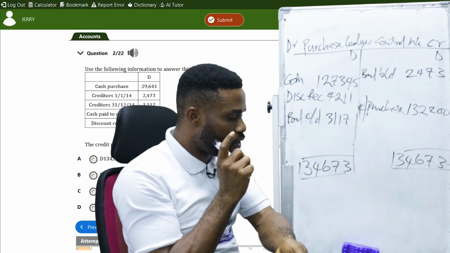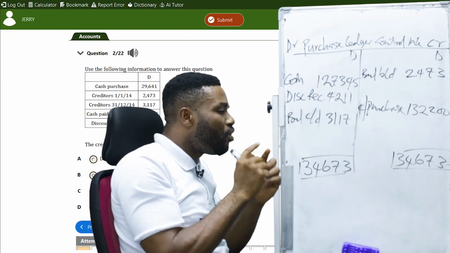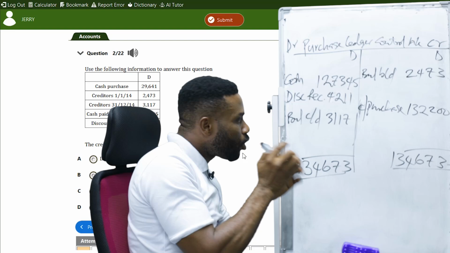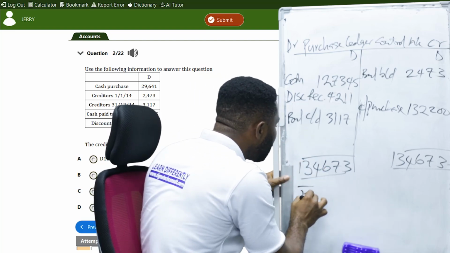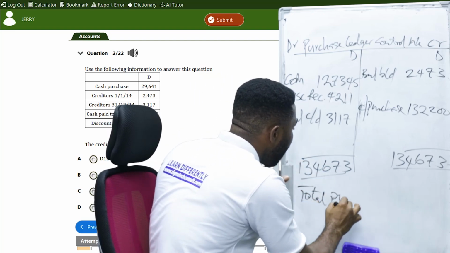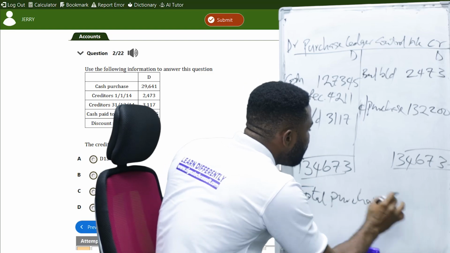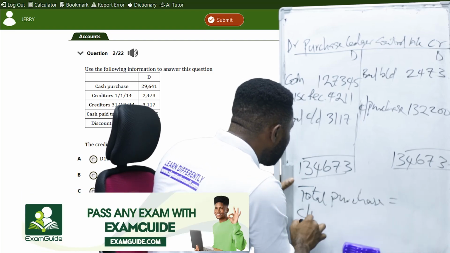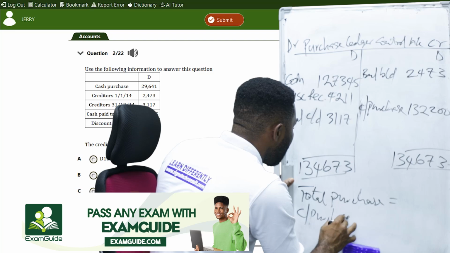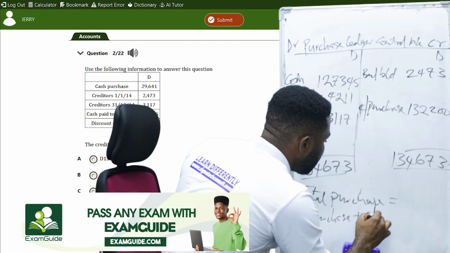Please note, if you were asked to calculate total purchase, it is simply equal to credit purchase plus cash purchase.